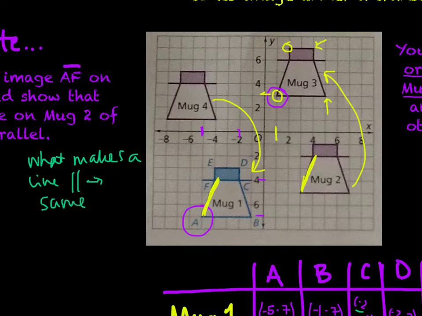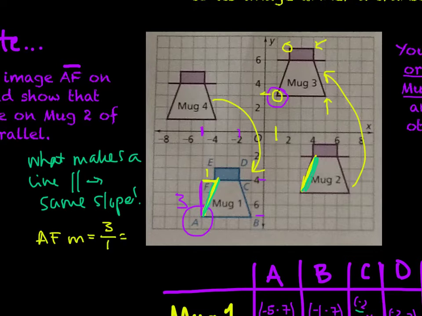Same slope. We need to prove that AF on this mug has the same slope as AF on this second mug. So let's look at our rise over our run. Our rise is 3 and our run is 1. So the slope of AF is up 3, to the right 1.